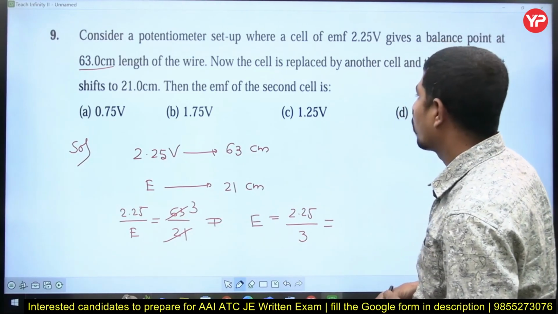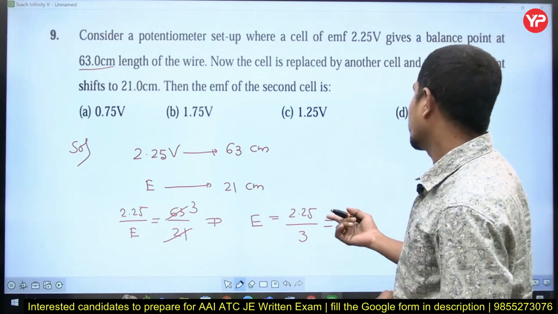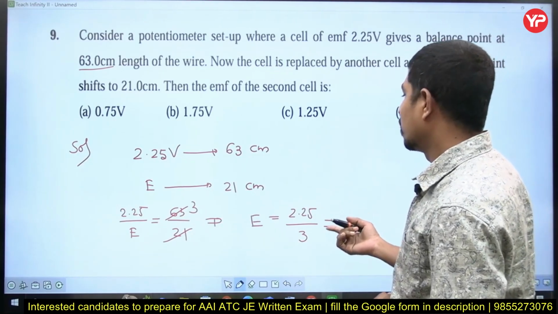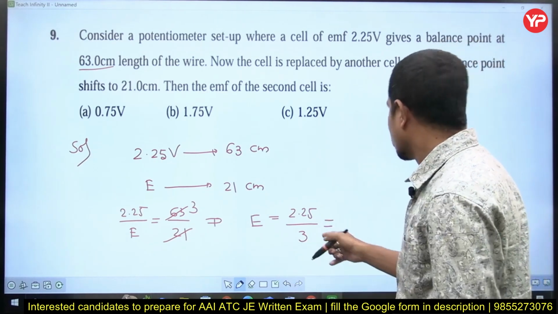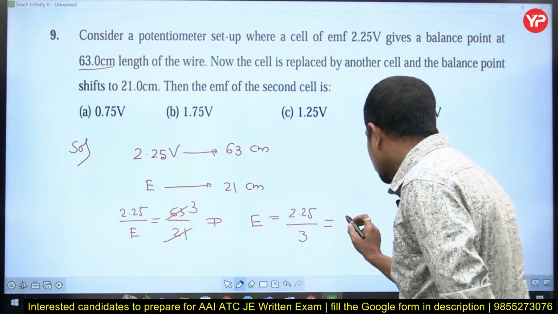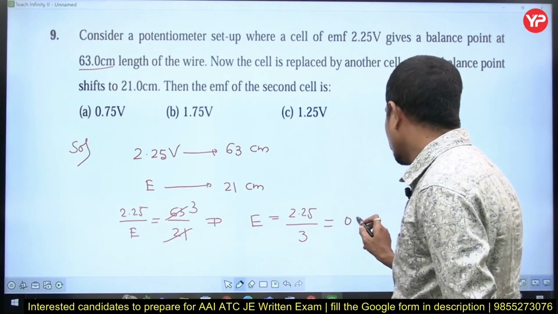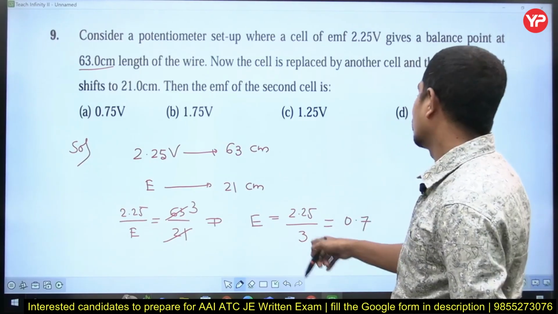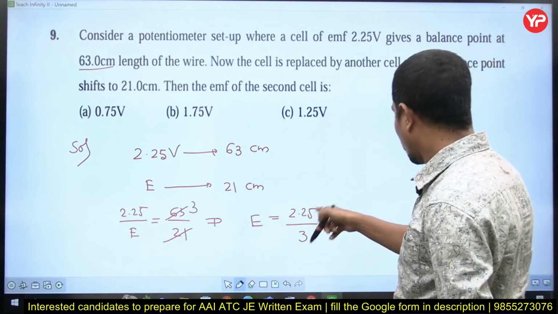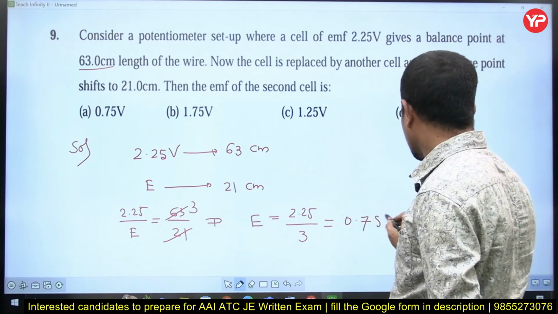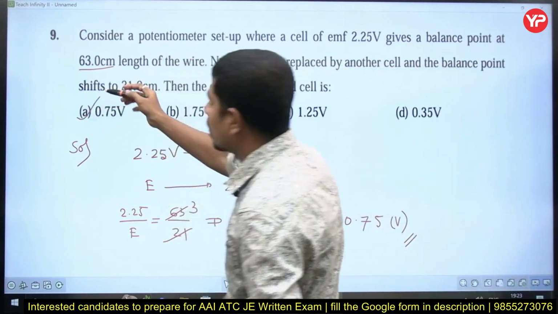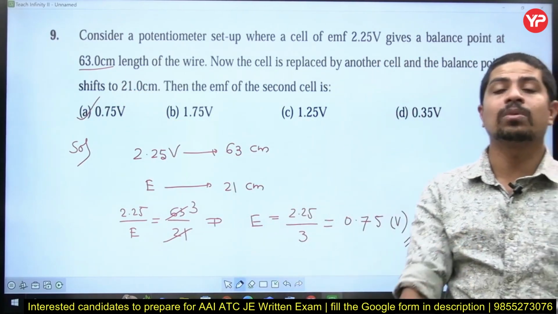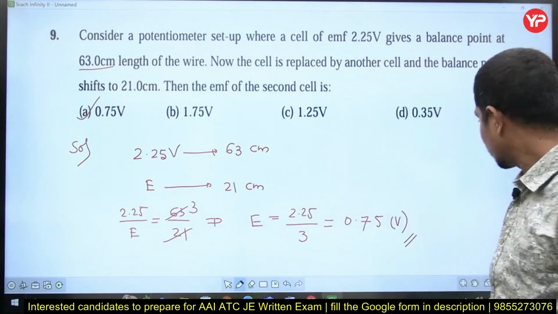Check the calculation carefully. 21 3 5s is 15, so 0.75 volts. Yes, it is 0.75 volts. Option A is perfectly suitable for the given question, right?